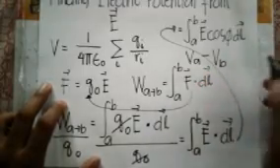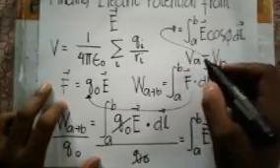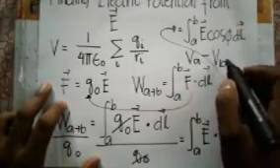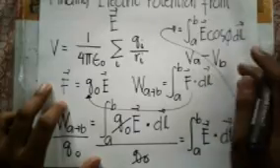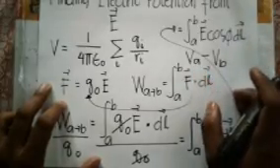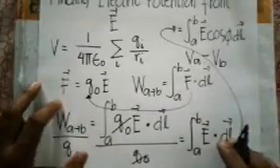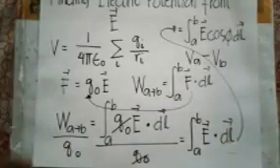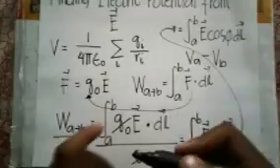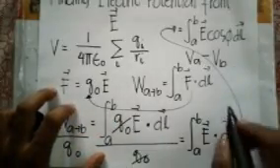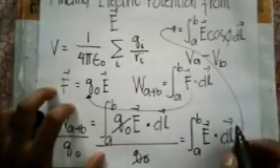Now, the value of V A minus V B is independent of the path taken from point A to point B.